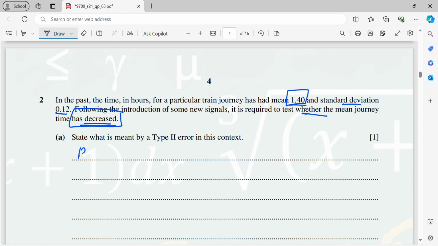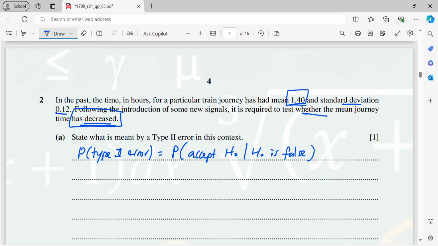So for information, the probability of a type 2 error is defined as the probability of accepting H0, given that H0 is false.